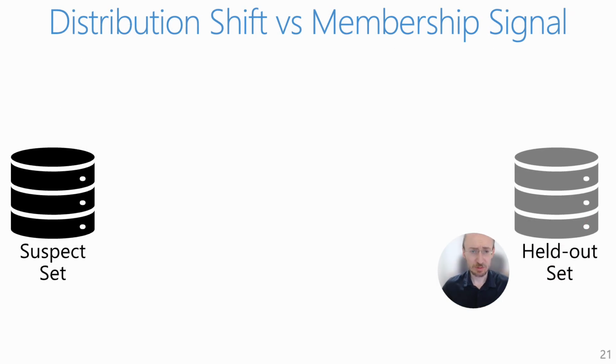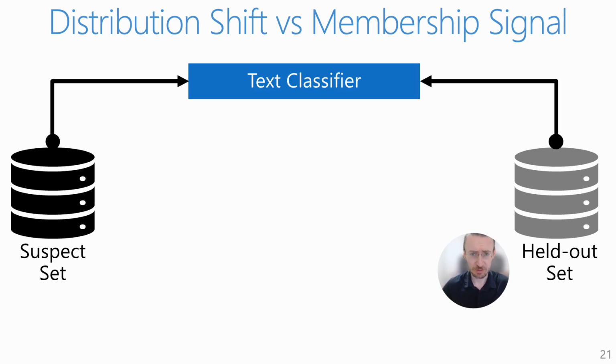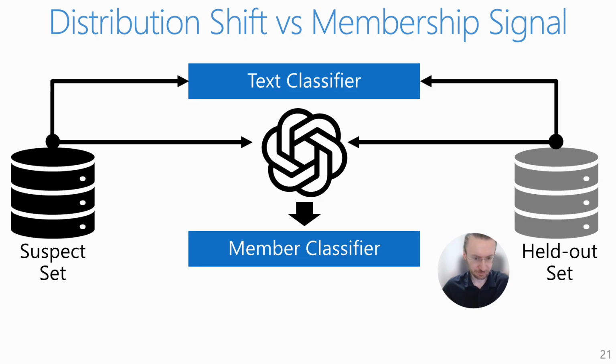So now, how to distinguish between the distribution shift versus membership signal. The text classifiers are trained first on the suspect set and held out set. Here the goal is that we would like to understand if on the level of text only we are able to differentiate between this suspect and held out set.